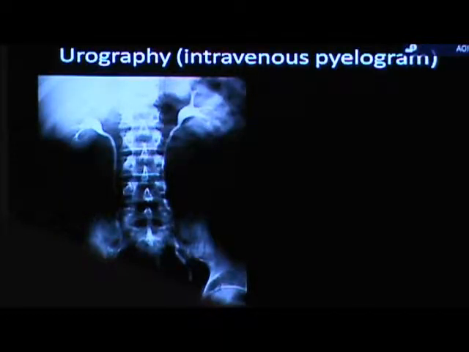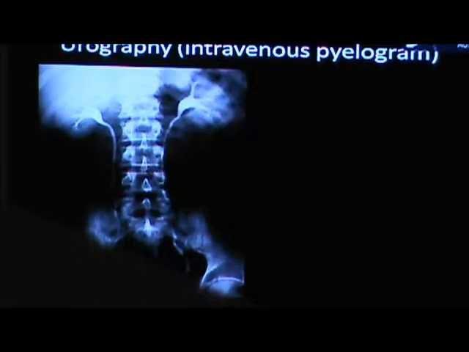So we are giving the radio contrast intravenously, and it starts to be excreted by the kidneys about 3 minutes after the patient receives it, and we can watch how the kidneys excrete it. Of course, it's in urine, so it fills and makes visible first the kidneys, next the parts of the urinary tract.